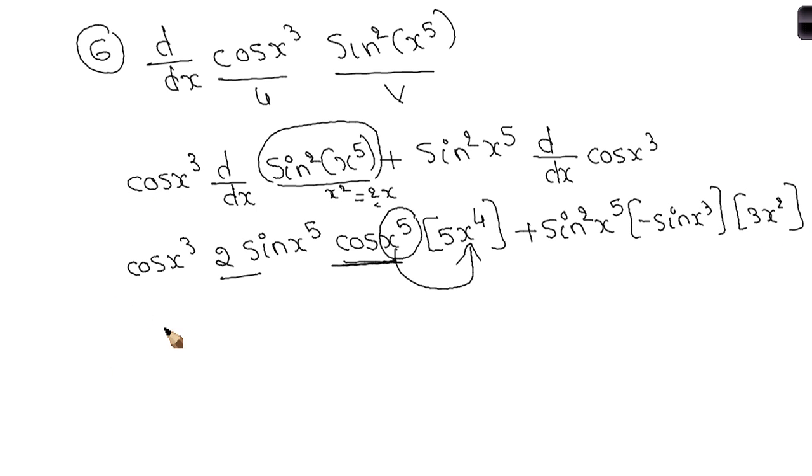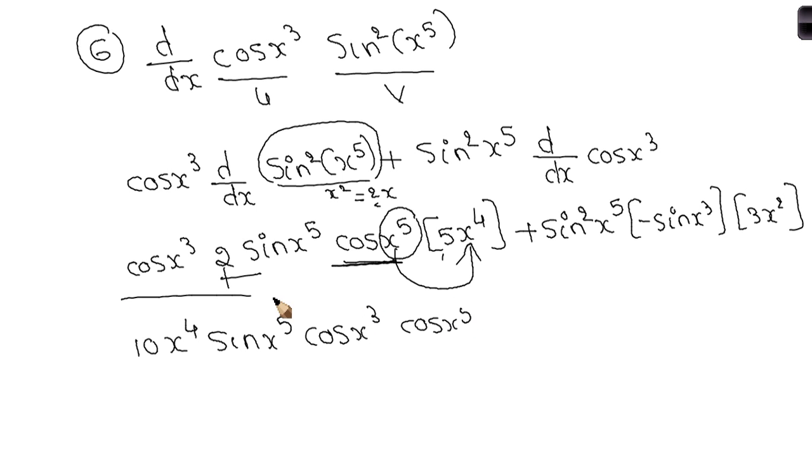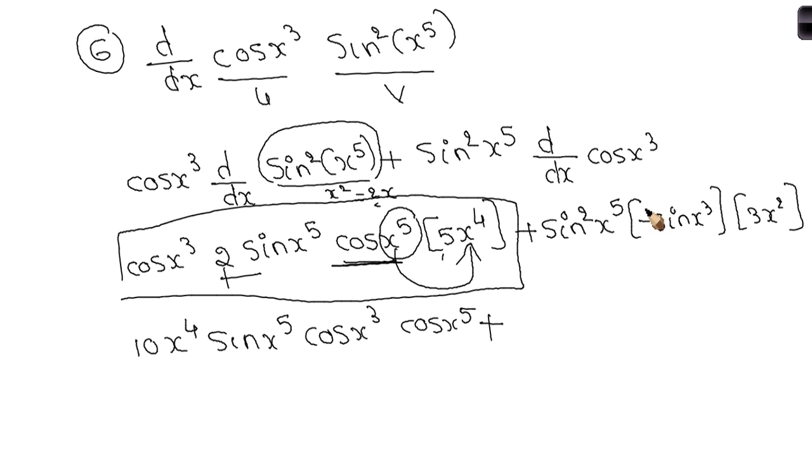So it would be 2 into 5 is 10 x power 4 sin x power 5 cos x cube into sin square... I am doing nothing, I am just rearranging the terms in the given expression.